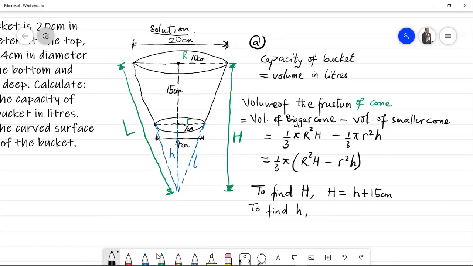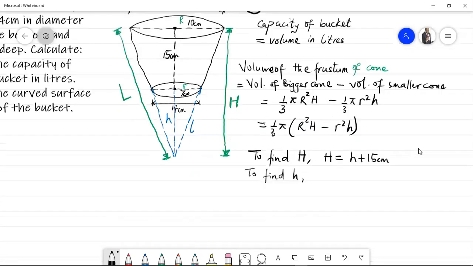You recall from previous lessons that you have dealt with similar triangles and how to work out the ratio between corresponding sides of similar triangles.